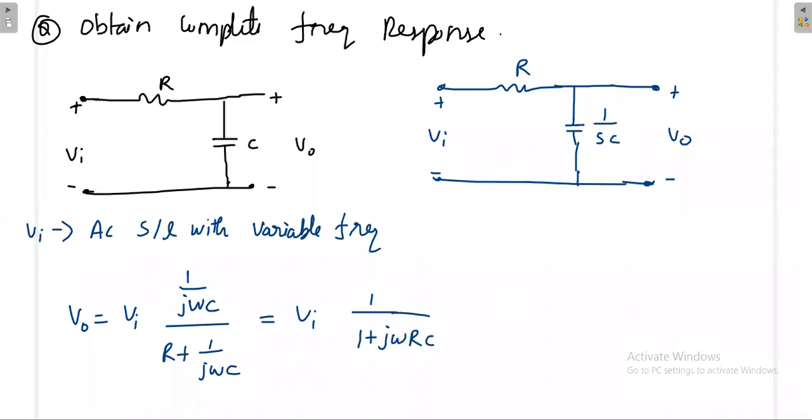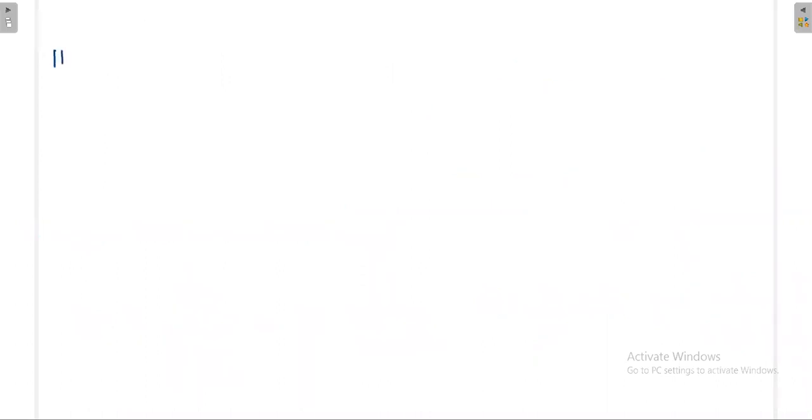Now you take the ratio of V naught by Vi, that we'll call H of omega. H of omega is equal to 1 divided by 1 plus j omega RC.